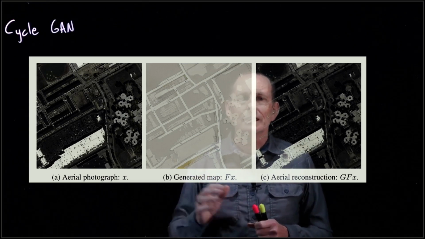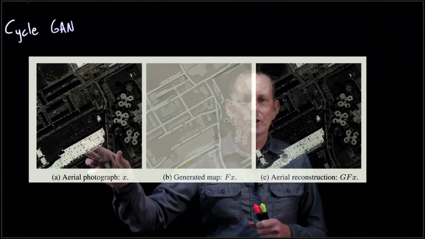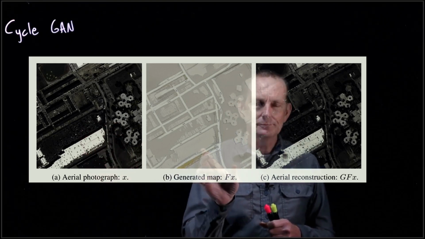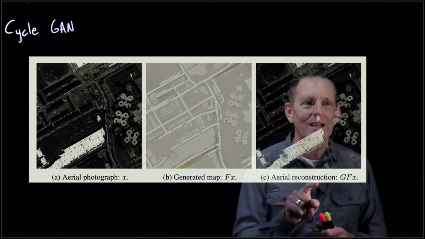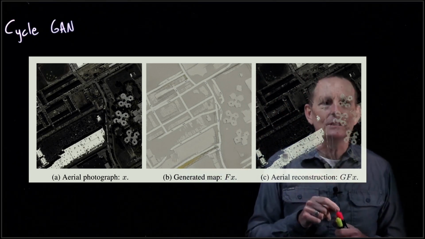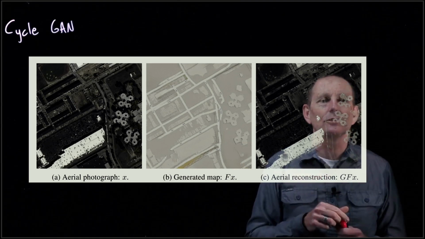What is interesting is the learned generators could learn to go from this aerial photograph to this generated map. And then, from the generated map, they could go back to an aerial photo. What is interesting is the amount of detail and how good the aerial reconstruction was.